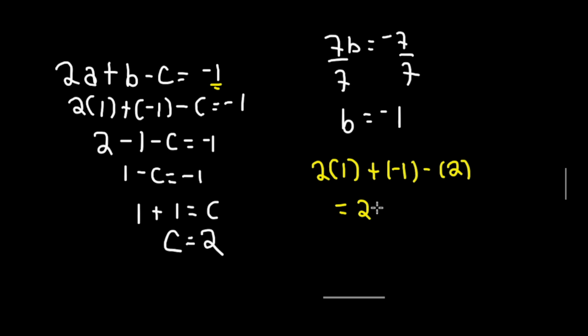Positive times negative is -1, minus positive 2 is negative 2. So -1 minus 2 is -3. 2 minus 3 is equal to -1. So -1 and -1 that side. Hence we have proved that the answers that we have found are correct.